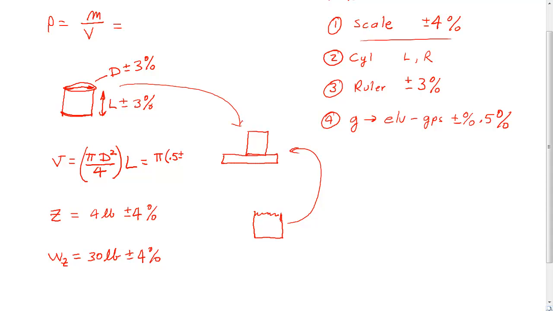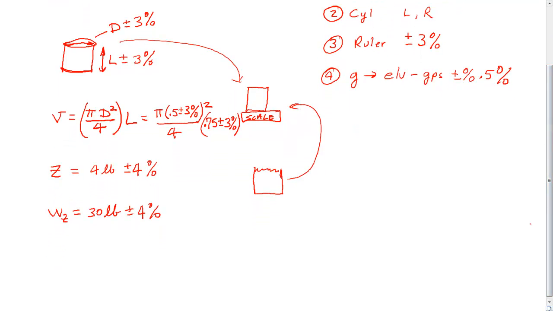So I measured my diameter plus or minus 3%, and that's going to be squared over 4 times my length. Length, I said that was a half. Let's say this is 0.75 plus or minus 3% there.